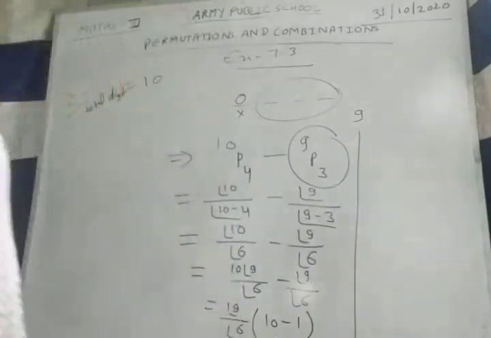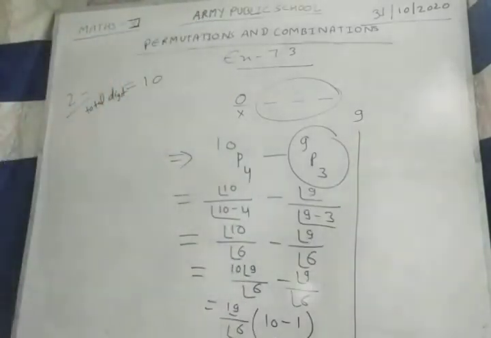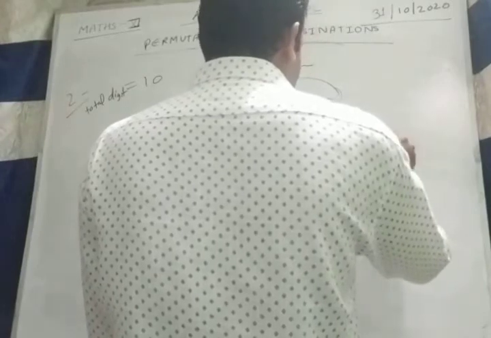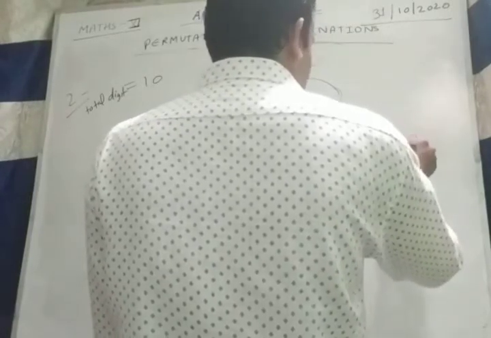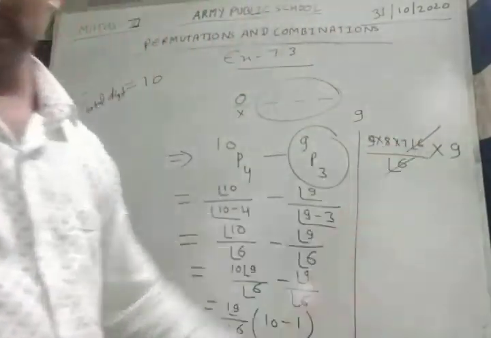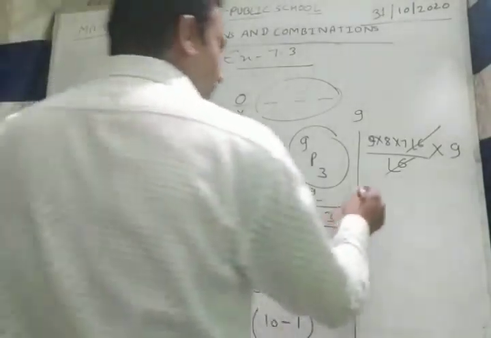Now what can we write this? This can be written as 9 into 8 into 7 factorial 6 by factorial 6 into 9. This factorial 6 and factorial 6 will reduce. What we will get?